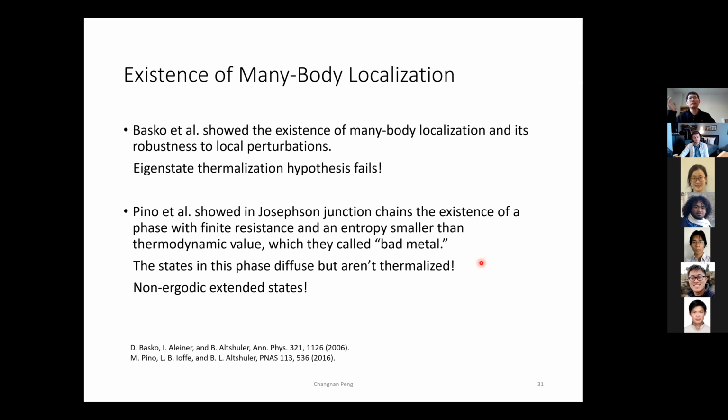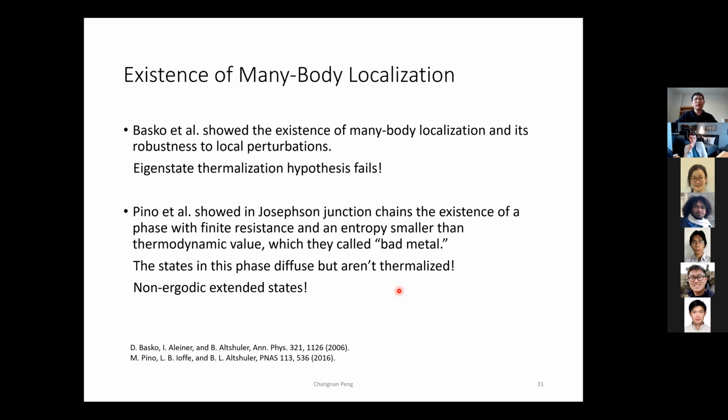Whether many-body localization exists was not sure until 2006, when Basko, Aleiner and Altshuler showed that in some systems it exists and is robust to local perturbations. So we finally found a system that violates the eigenstate thermalization hypothesis.